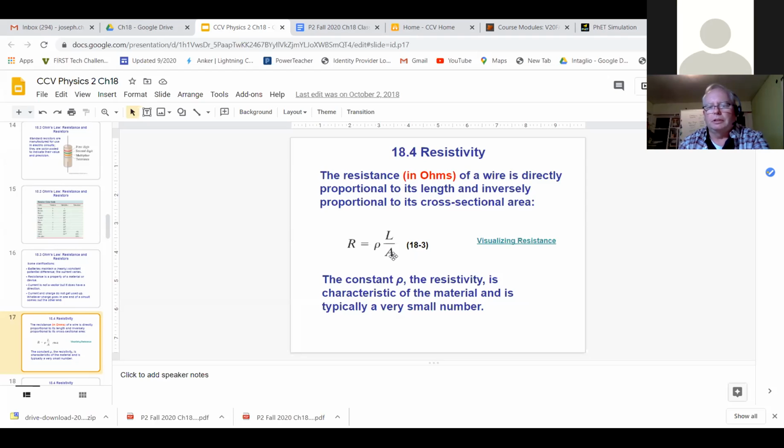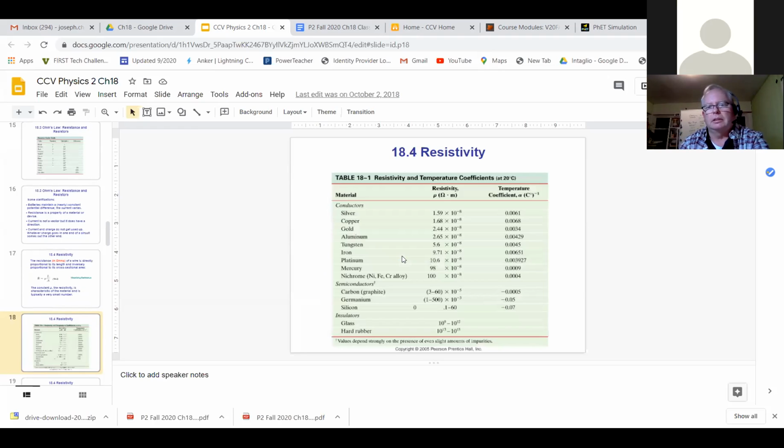So area refers to how big the opening is for the pipe. And then L is the length that charges are going to be exposed to energy sharing collisions. So the longer the pipe, the more resistance there's going to be. But then resistivity is going to tell us how the material itself is going to be populated with things that are ready for energy sharing collisions.